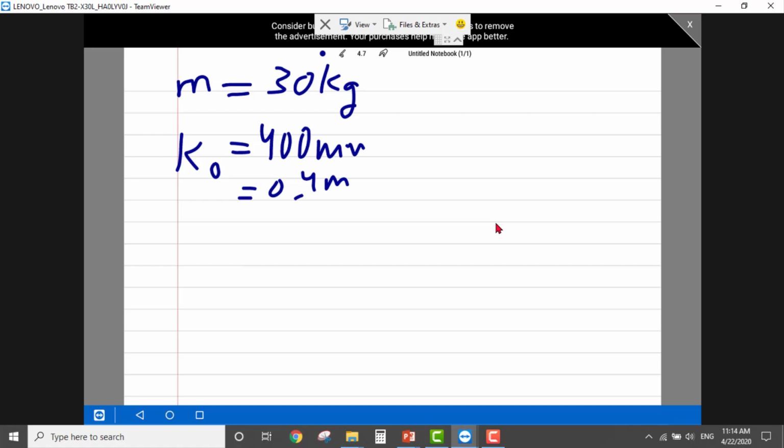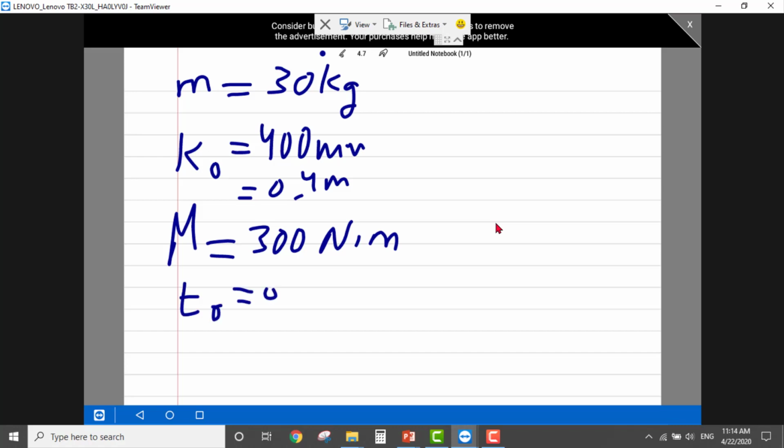And this wheel is subjected to couple moment, so moment of this wheel is 300 Newton meter. Determine the angular velocity 6 seconds after it starts from rest. So T initial is equal to 0, I'll name it T1, state 1. T2 is 6 seconds.